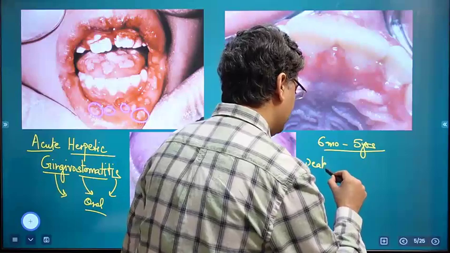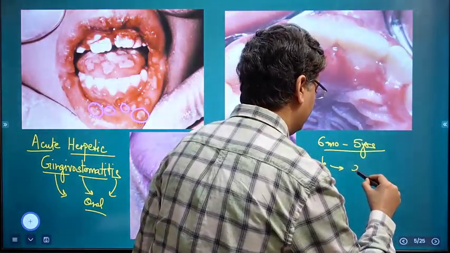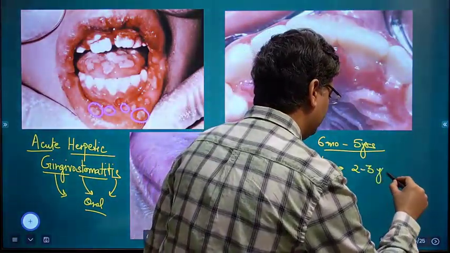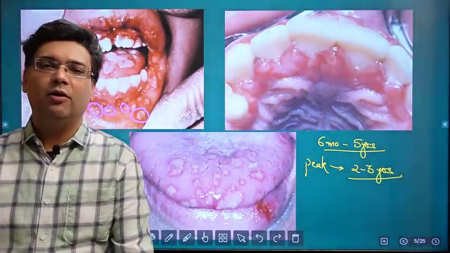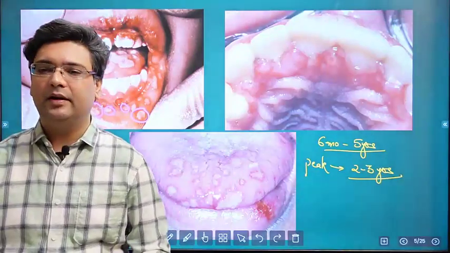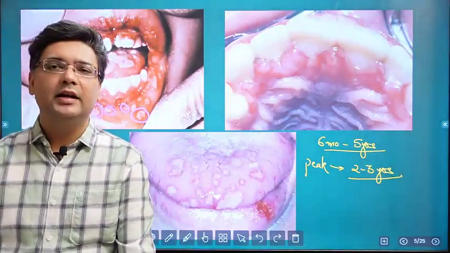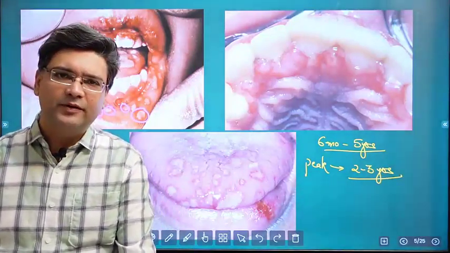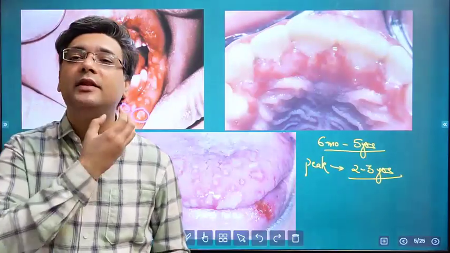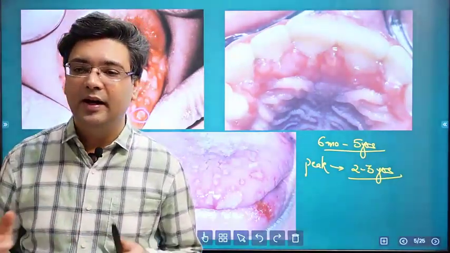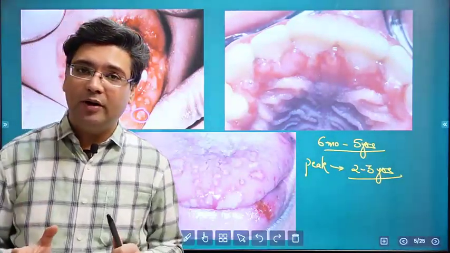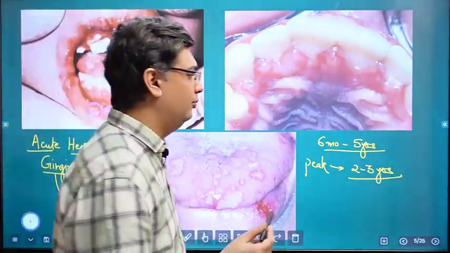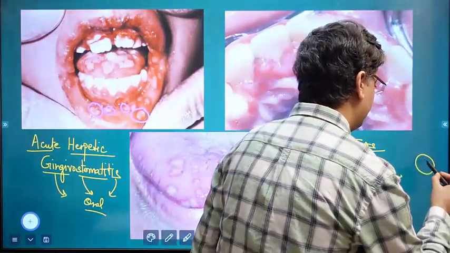So the peak basically occurs at 2 to 3 years of age, and the onset is abrupt. That means it occurs very fast, and then because of this exposure, there is lymph node enlargement as well, and there is anterior cervical lymphadenopathy. Now the body starts to realize, okay, what does the body realize?